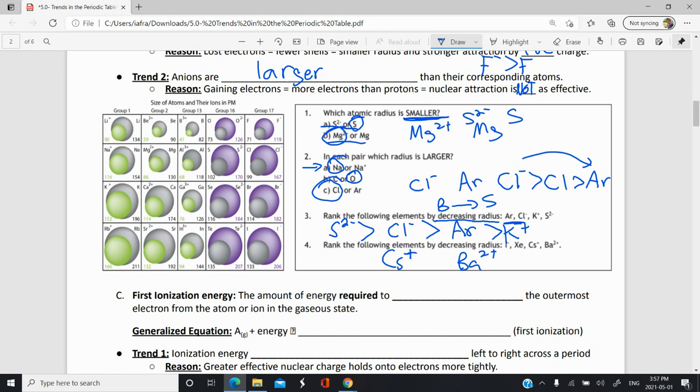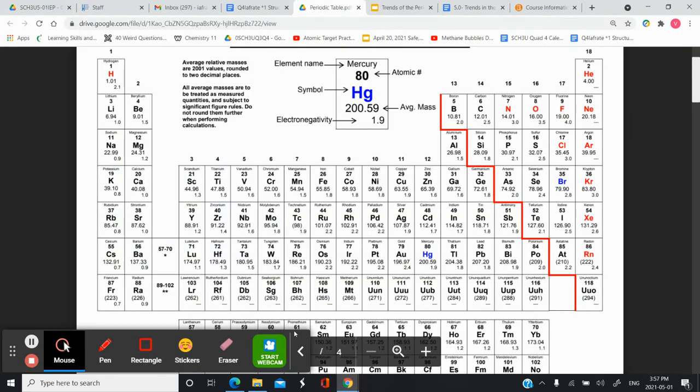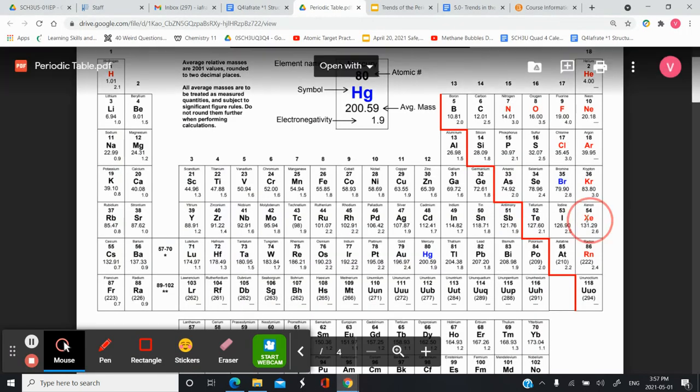Let's compare other things. Let's take a look at where xenon would fall compared to those two. So xenon's over here. And this is kind of like the previous question. Generally, these would be larger than xenon because they have more shells. But when they become ions, Ba2+ and Cs+, which is what's in the question, they lose their outer shell.